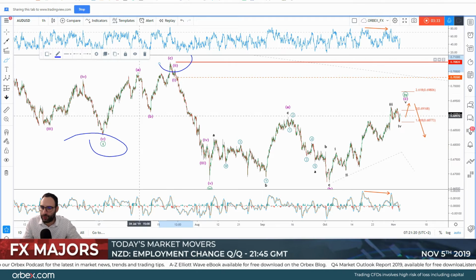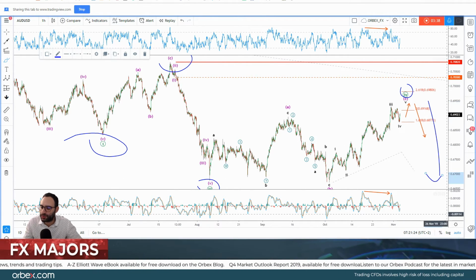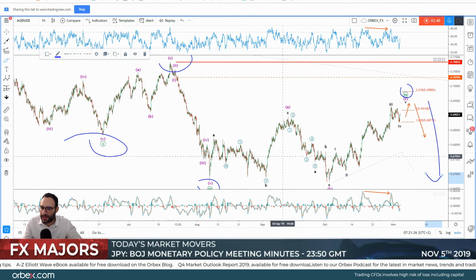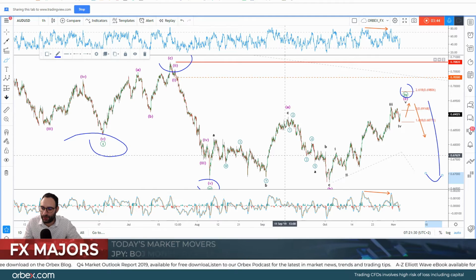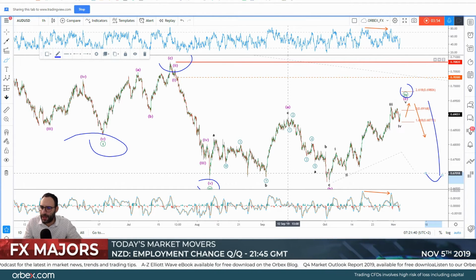We have wave 1, wave 2, wave 3, wave 4, and wave 5 is what we're expecting to see. This wave 5 is going to complete the intermediate wave 5, which in the longer term has a target of around 65, 66 cents, if not mistaken.